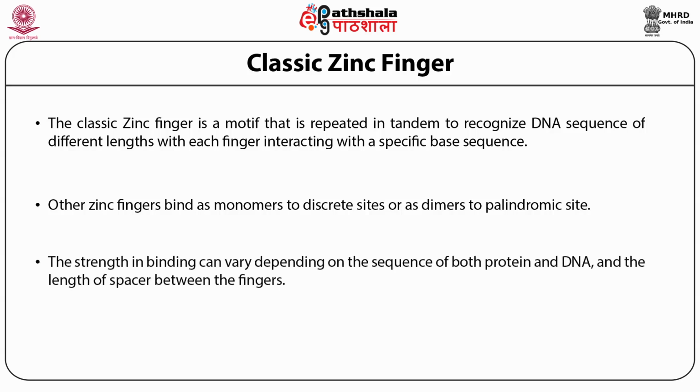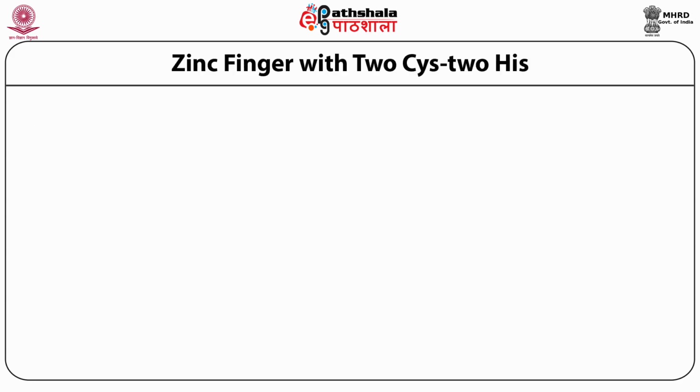The strength in binding can vary depending on the sequence of both protein and DNA and the length of spacer between the fingers. This gives a very high level of recognition. We show in this picture a zinc finger with 2 cysteines and 2 histidines. It's a classic zinc finger.